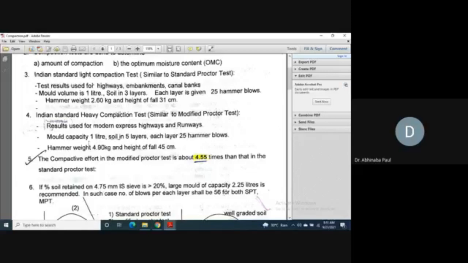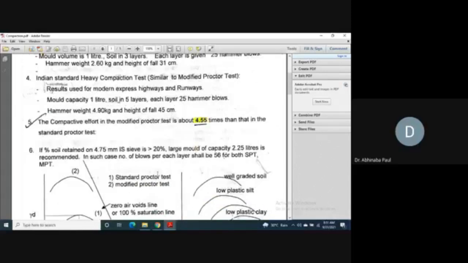In that case mold capacity remains the same, but earlier we used to compact in 3 layers, and now it is increased to 5 layers. Each layer gets 25 hammer blows, which is almost the same, unlike light compaction. However, the hammer weight has increased to 4.9 kg, and the height of fall is 45 centimeter. So this is how it goes on.